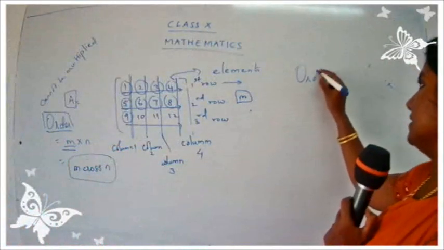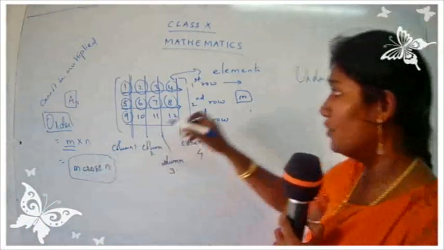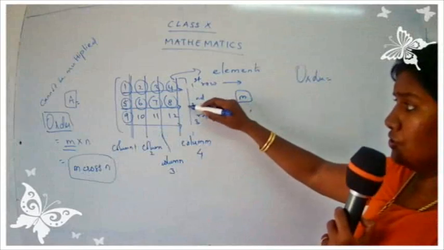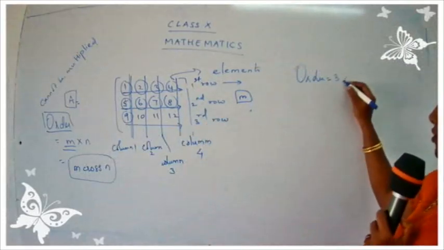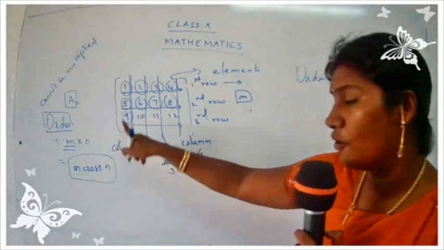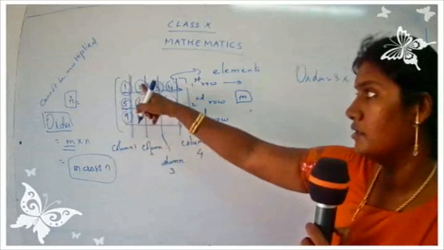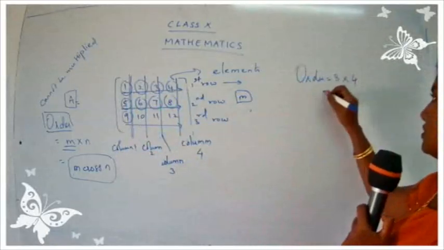Order is equal to m cross n. What is the m value? How many rows do you have here? 1, 2, 3. So total number of rows is 3. Yes, 3 cross. What is n? N is the number of columns. How many columns do you have? 1, 2, 3, 4. So this is 3 cross 4.